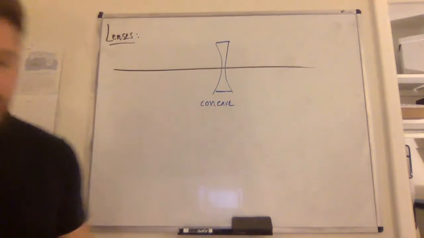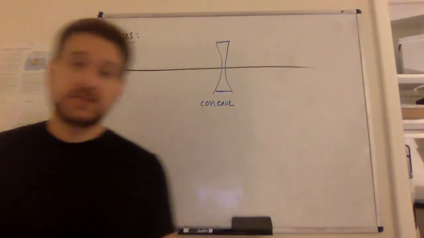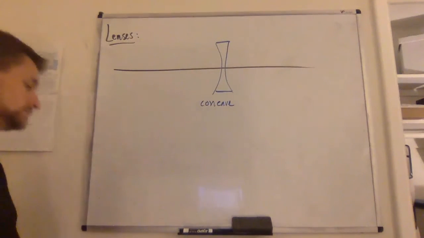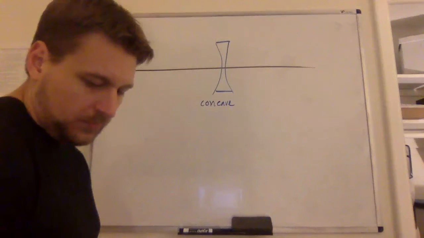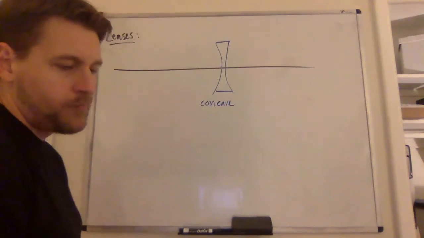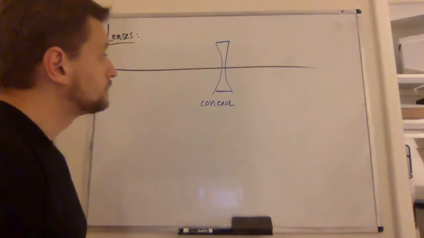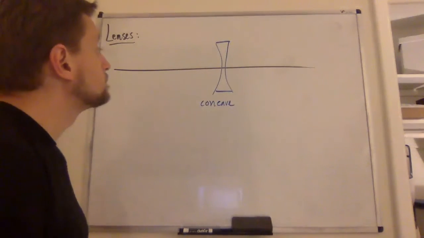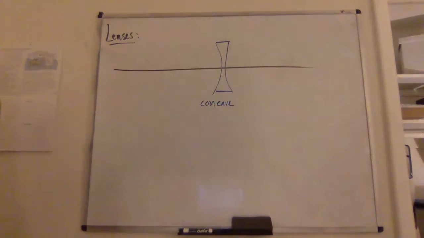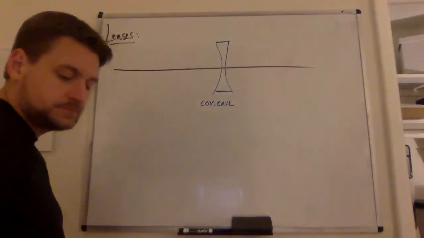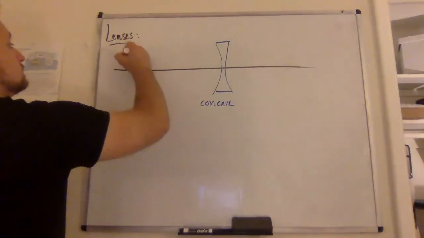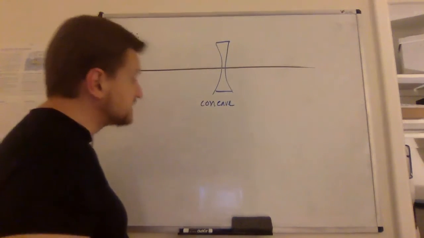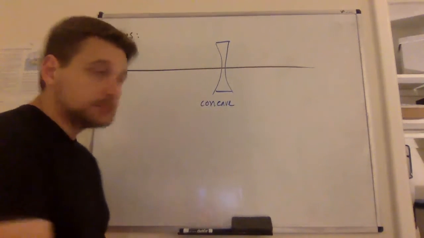However, it's for a concave lens that we get that kind of behavior. We call this maybe not a concave lens necessarily, but a diverging lens.